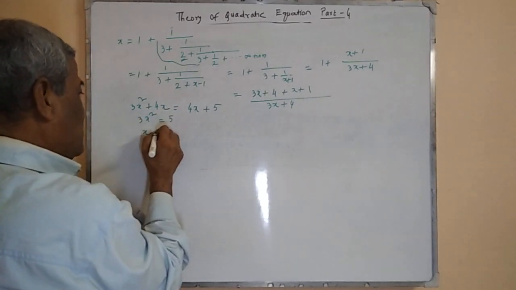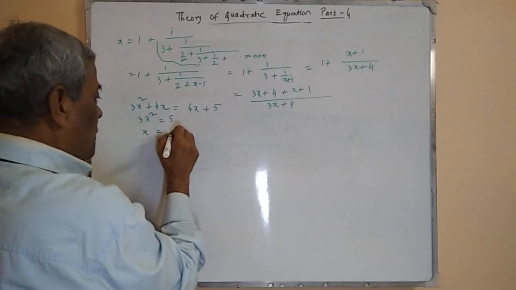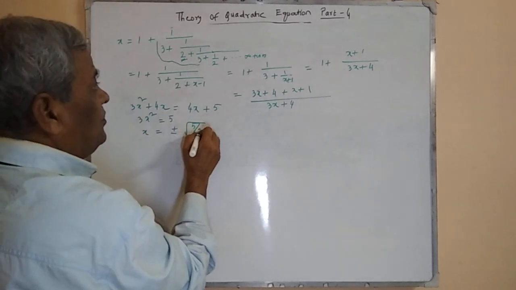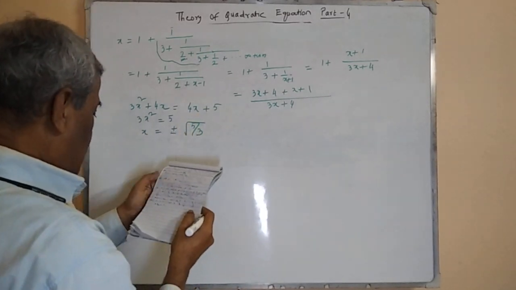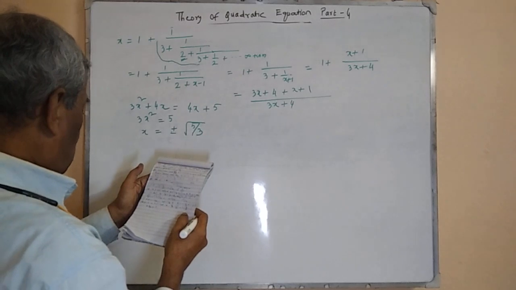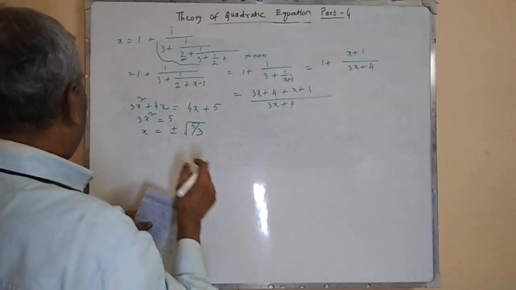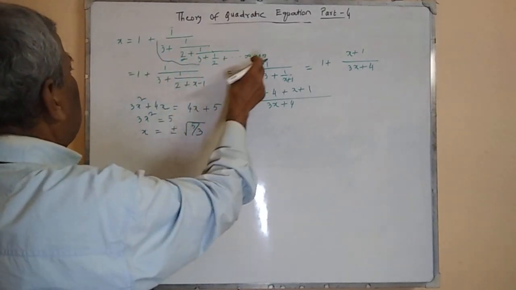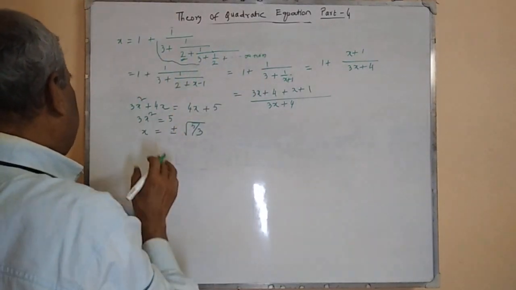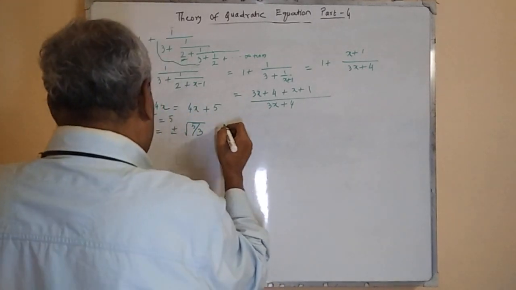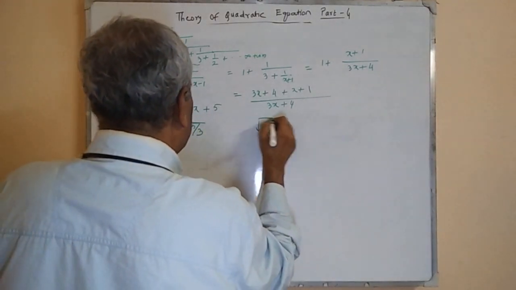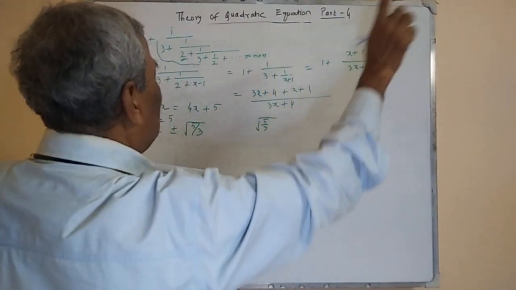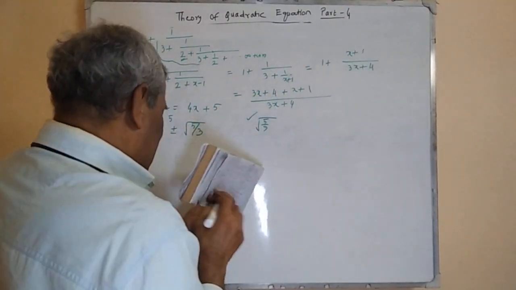So x is equal to plus minus root over of 5 by 3. But you see, all these terms are positive. So no question that x will be negative. So our answer is plus root over of 5 by 3. Oh, options are not given. So this is our answer.